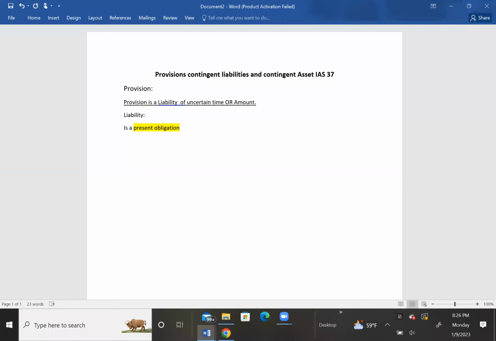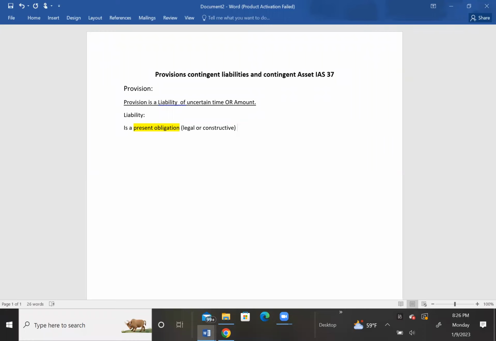Now that present obligation may be legal. It could be a legal obligation, or it may be a constructive obligation. Legal means the obligation by the act of law, by statute, or by the court order.